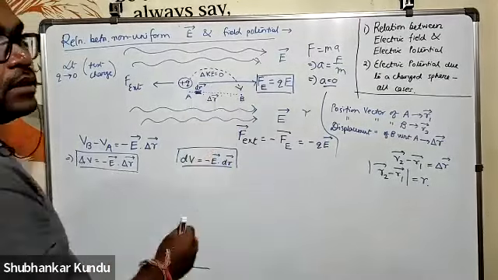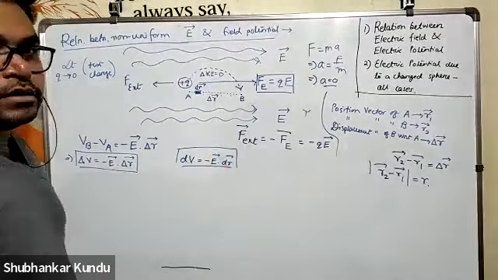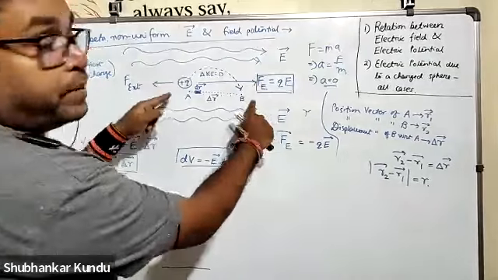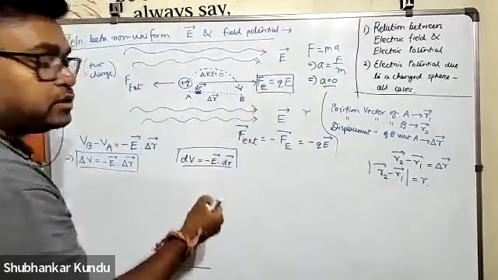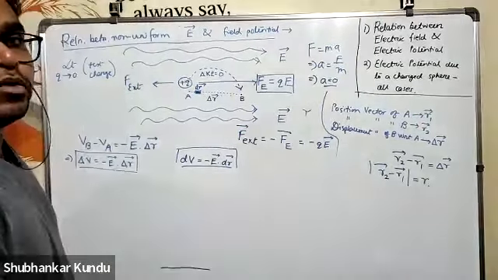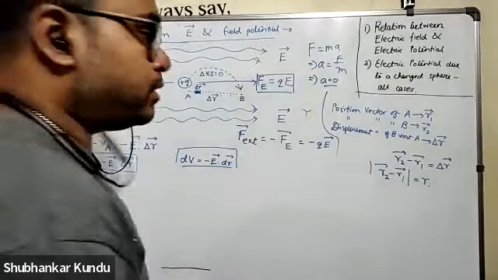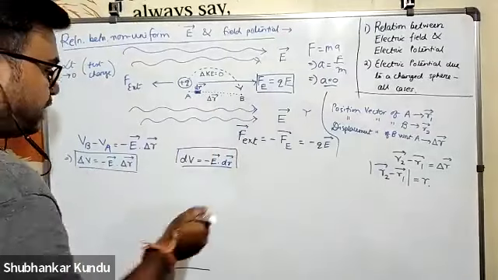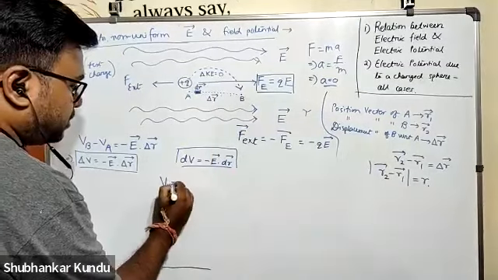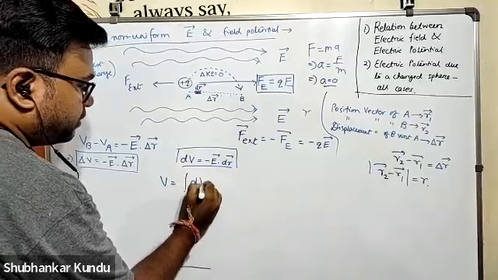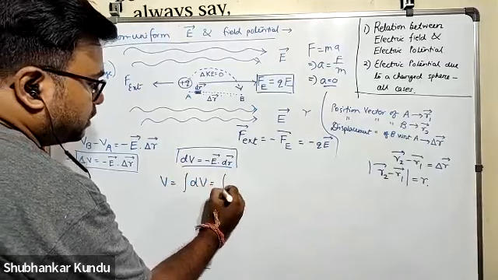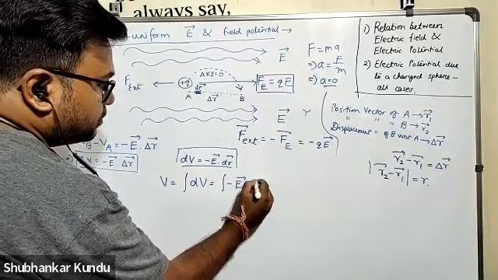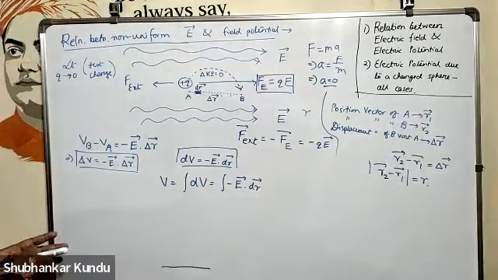If you take another dr, we'll have another dV equal to minus E dot dr. So along this entire length of AB, we'll have infinite small dV's. How to calculate? Integrate. So the entire potential difference between A and B will be given as V is equal to integration of dV, is equal to integration of minus E dot dr. Now to integrate, we need the limits.